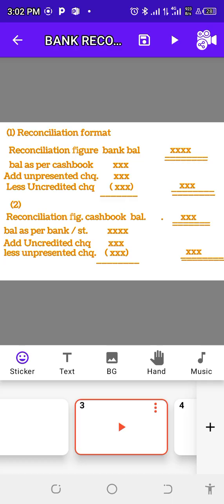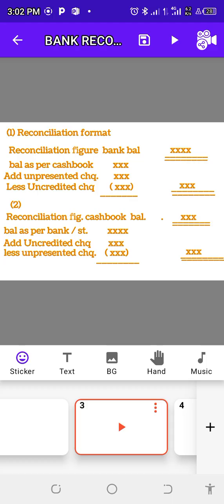Then this time you add uncredited checks, then less unpresented checks. So if everything is correct, you are going to arrive at the balance as per the cash book.